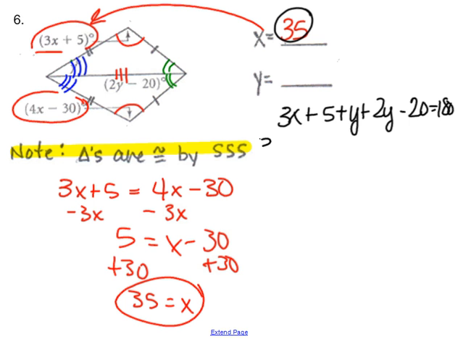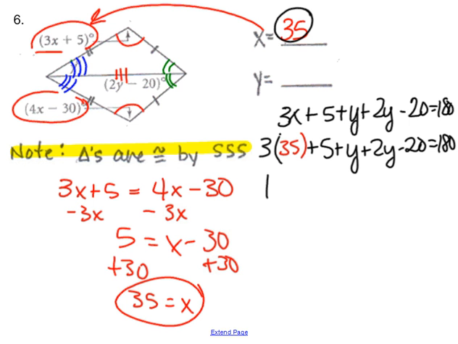So we're going to rewrite it as 3 times 35 plus 5 plus y plus 2y minus 20 equals 180. All right, so 70 and 35 is 105 plus 5 plus y plus 2y minus 20 equals 180.